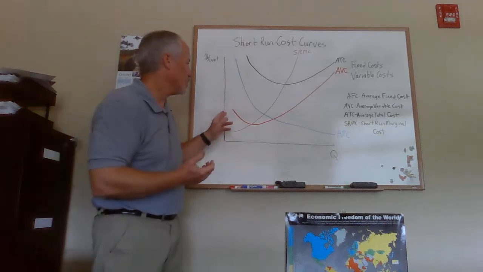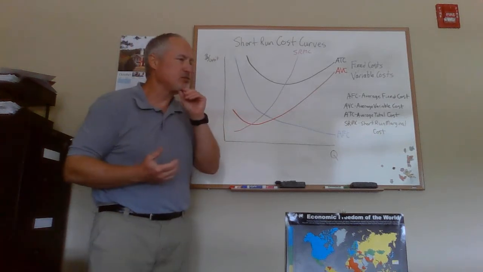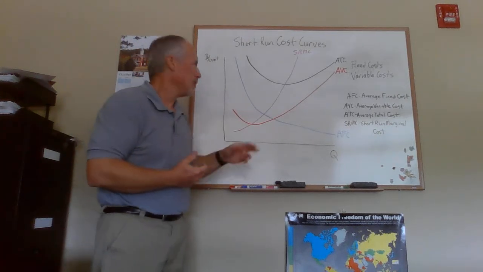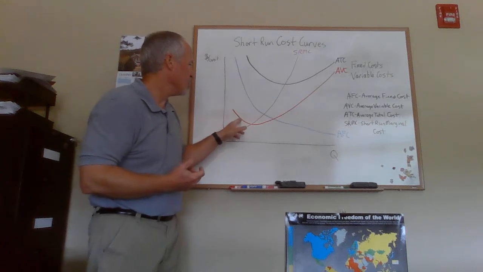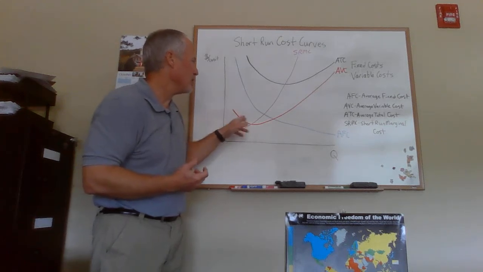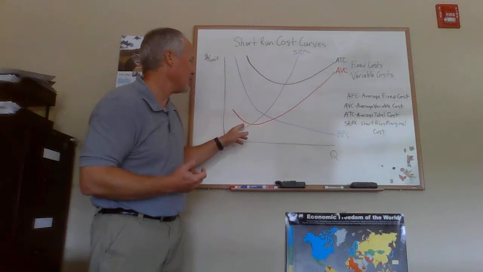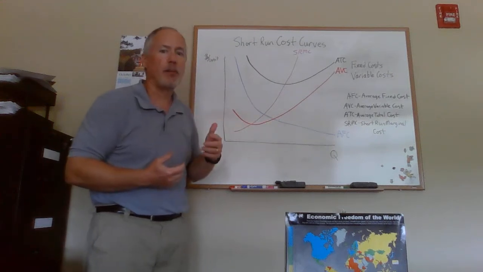The average variable cost I have drawn in here in red, and we have it drawn so it has sort of like a J shape, and it looks a little bit more like a check mark here, but we have it with a J shape.